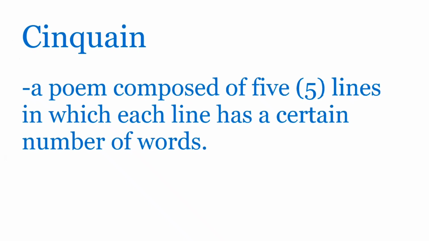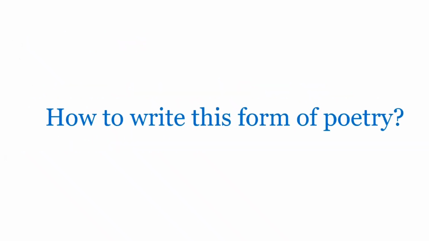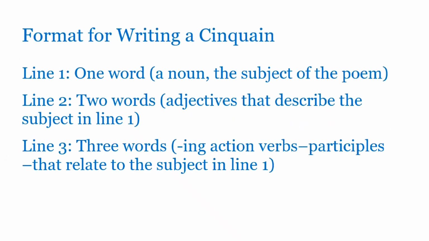Cinquain is a poem composed of 5 lines, in which each line has a certain number of words. How to write this form of poetry? Well, just simply follow the format. Line 1 is composed of one word, and this word should be a noun, the subject of the poem.